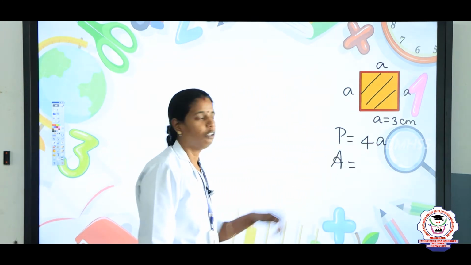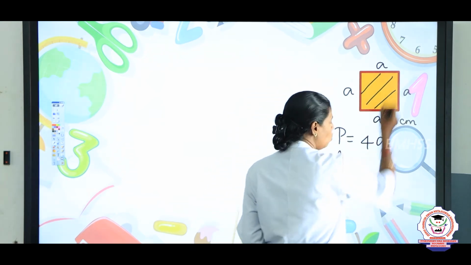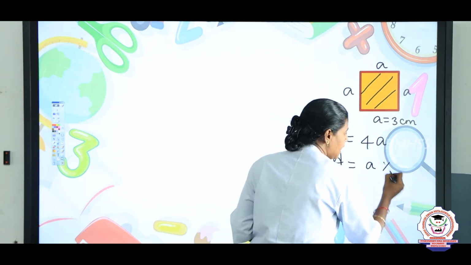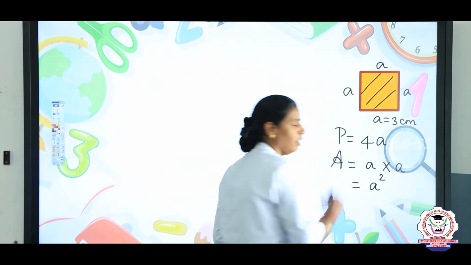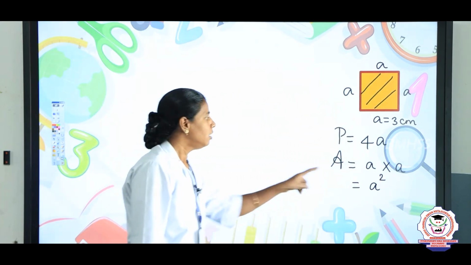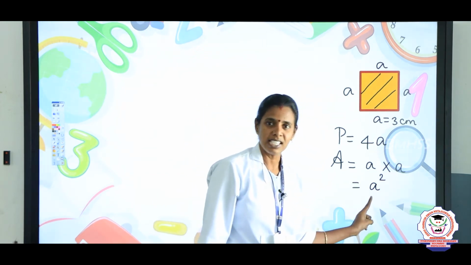To find the area of the square, the formula is side into side, which is A into A. We can write this as A square. Is it clear? So to find the area, A into A, which is A square.